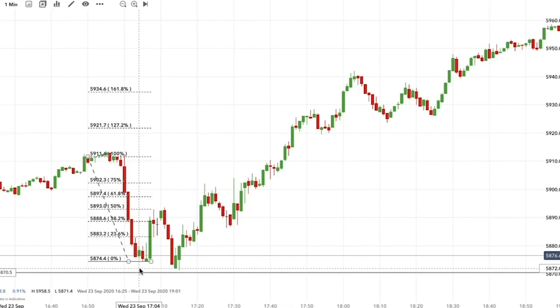You haven't really got time to get too emotional. And because often you're using a real tight stop, you're not going to be risking too much. So for example, in this trade, had we not met this 50% retrace, I really would have come out if we'd broken below 58.70. So the risk involved is pretty minimal on some of these spike trades.